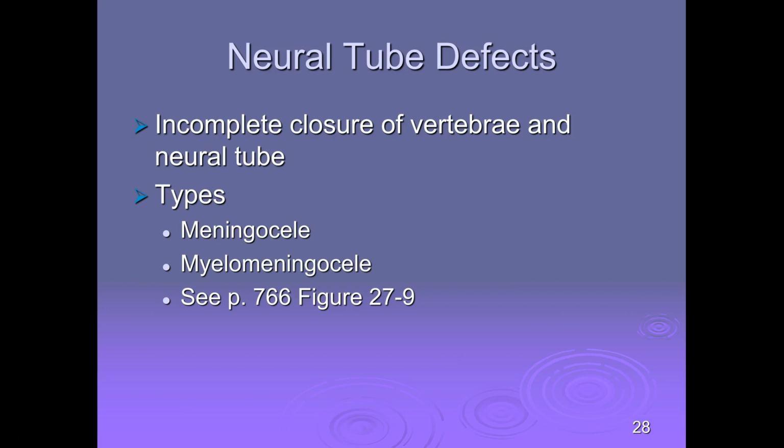And you learn that very quickly when you think about a scenario like this. We can go and fix the problem and put in a VP shunt, but how is this child now going to live without a pediatric surgeon on call if something were to go wrong, or if she needed a revision or something like that?